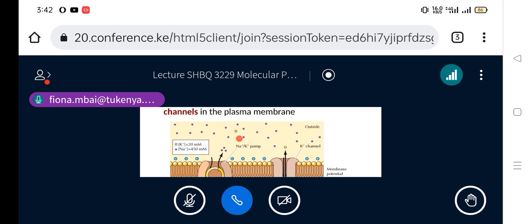We talked about the sodium potassium pump and the requirement for ATP as energy. So it is known as the sodium potassium ATPase pump. And then we talked about the channel proteins, which allow free flow of potassium depending on the need, either intracellularly or extracellularly. And of course, the concentration gradient as well as the electrochemical gradient will be necessary depending on the physiological function of that particular cell at that particular time.